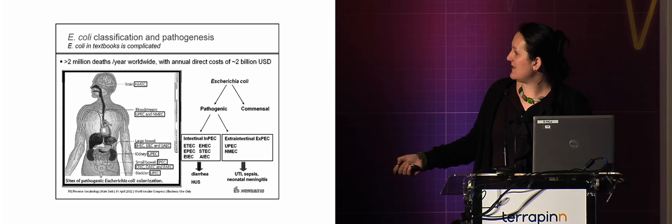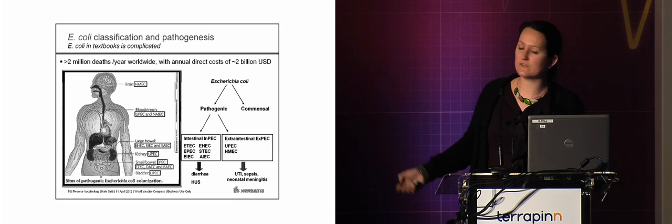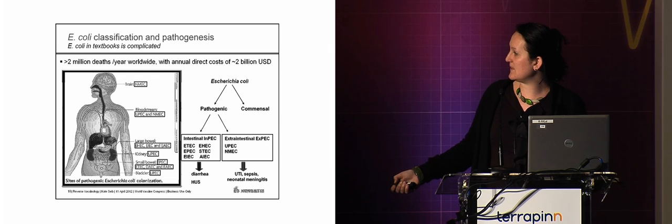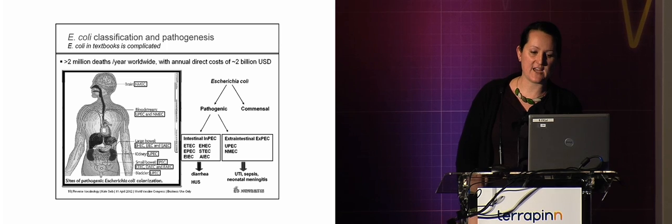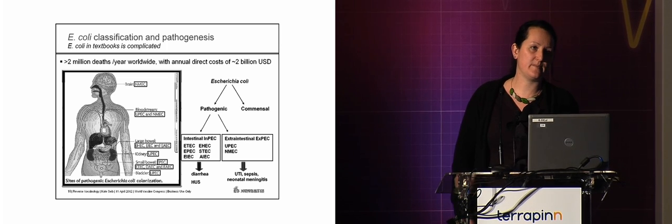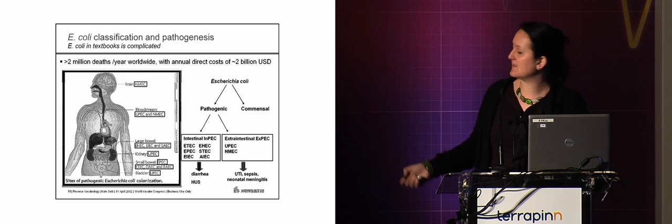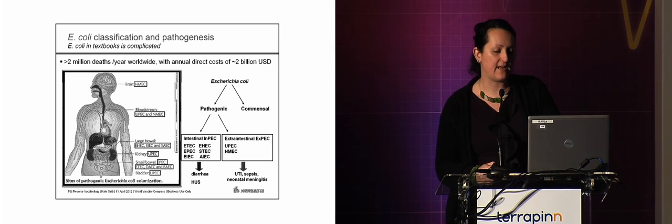And as you can see, there are numerous different pathotypes described for the intestinal and the extraintestinal infections, and these cause diseases ranging from diarrhea and hemolytic uremic syndrome to urinary tract infections, sepsis, and neonatal meningitis. And this complexity has hampered vaccine development, and while several attempts have been made focusing at individual pathotypes, so far these have proven to be unsuccessful in developing an E. coli vaccine.